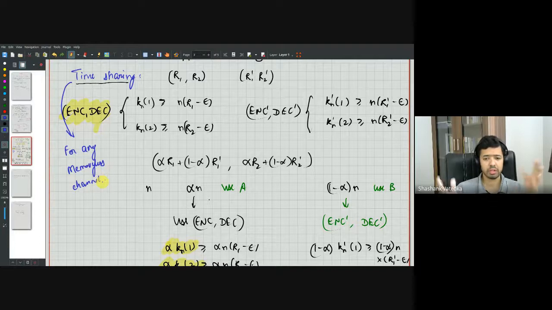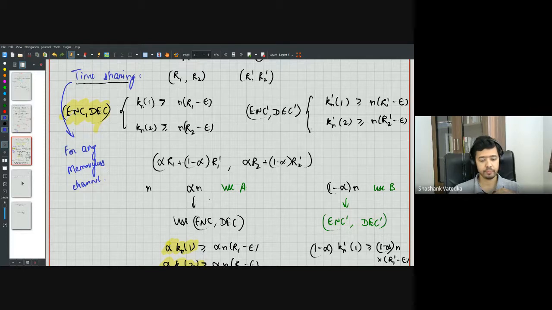So it can have multiple users. All of that is fine, and it's very general. But the key assumption is that the channel is memoryless. So the behavior is identical, and it's independent across the channel users. Okay.